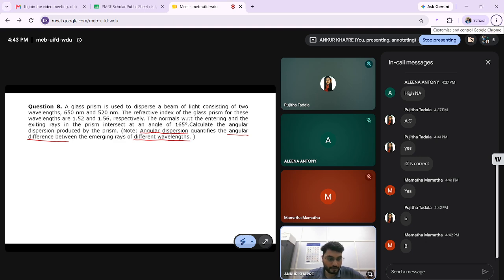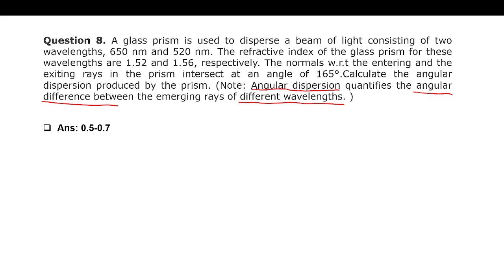Is it possible? Option B. There is no option A. Okay, you're saying about the previous question. Is it understandable or should I explain it to you? You want to try? Okay, let's try this answer.